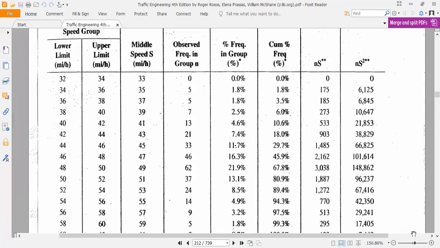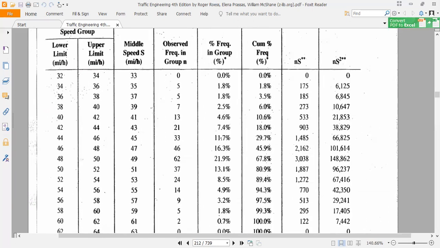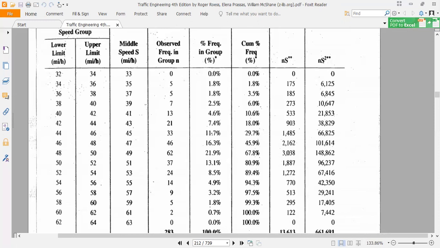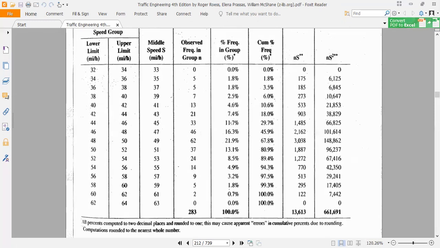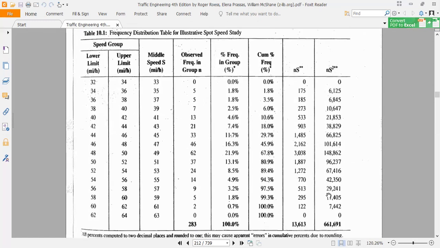So let's say we conducted a study and we got this data. The different vehicles that you observed are the observed frequency in group. So you observed a total of 283 vehicles and you divided them by speed group.